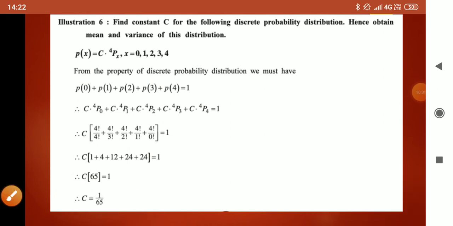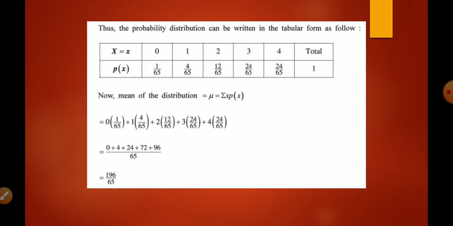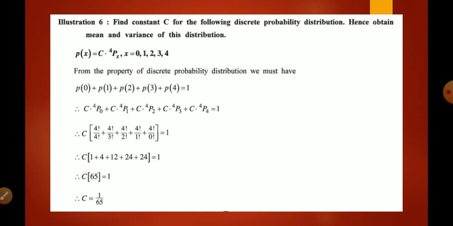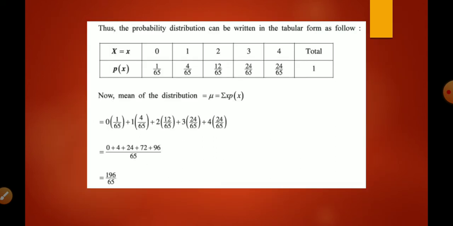Now I'll find the mean. Before that, C is given as 1 by 65. So let us write x as 0, 1, 2, 3, 4.